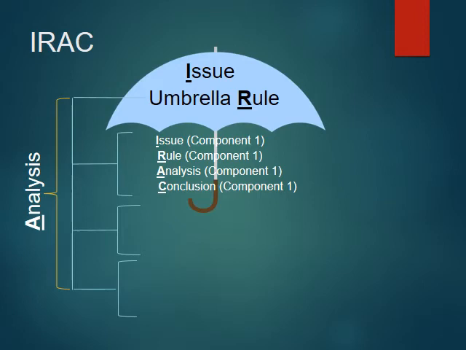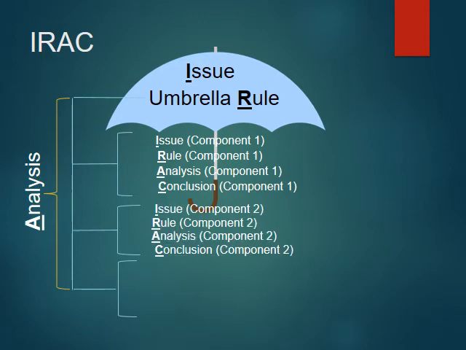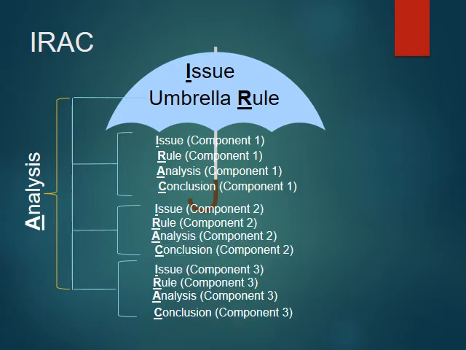Even if you find no intent, you still in an essay talk about the other elements, particularly on first year exams, because it fully demonstrates the breadth of your knowledge and understanding about the rule. So if you do the same thing that I just described for intent for the other elements of the tort or of contract, whatever it may be, then you'll have a series of mini IRACs under the umbrella rule.